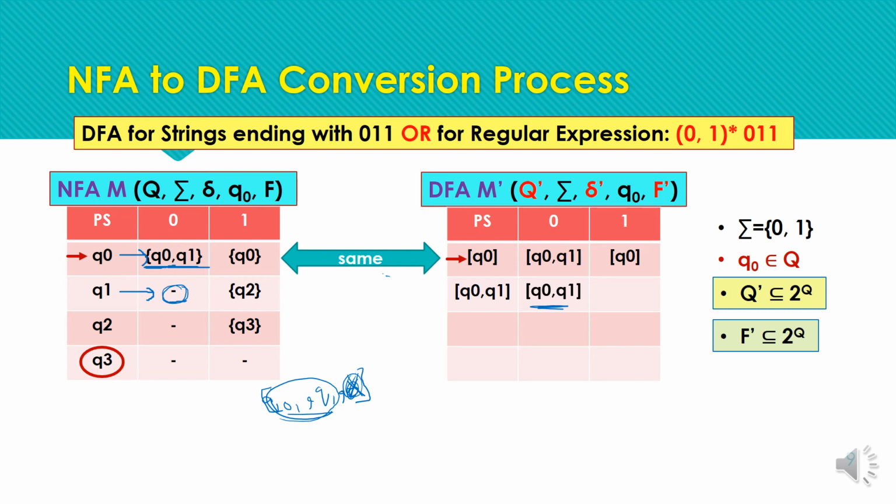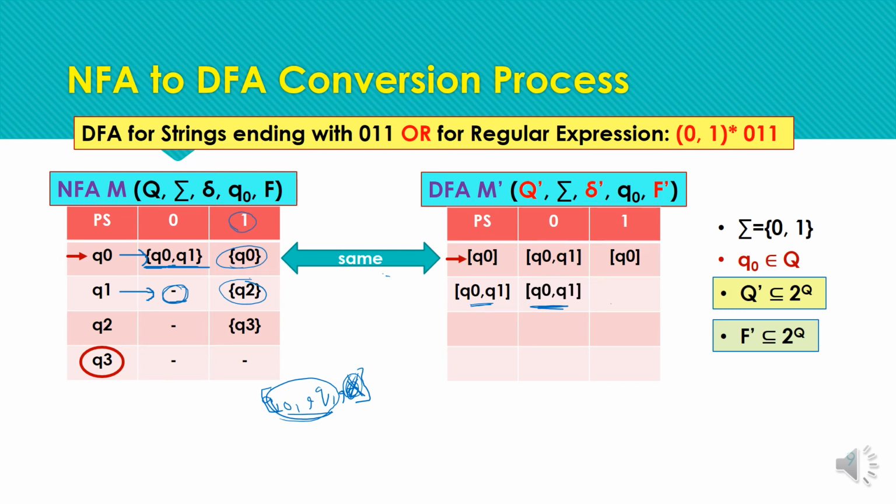In the same way, now we have to find the transition for input symbol 1 from the state Q0 Q1. Looking into the NFA table, we have a transition to Q0, and from Q1 we have a transition to Q2. Be careful, we have to check the transition for the same input symbol for which we are finding the transitions in the DFA table.